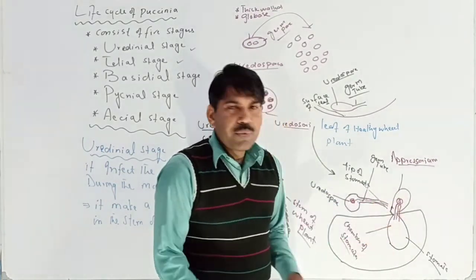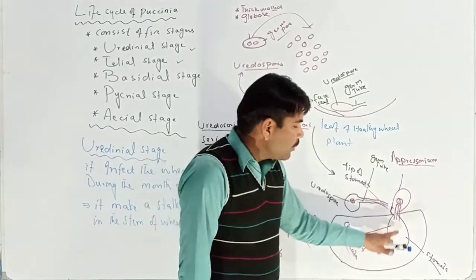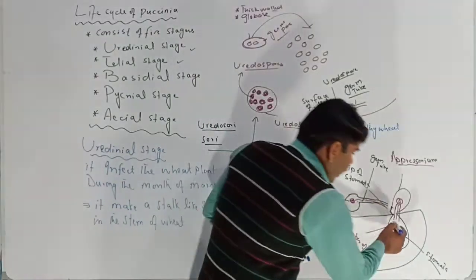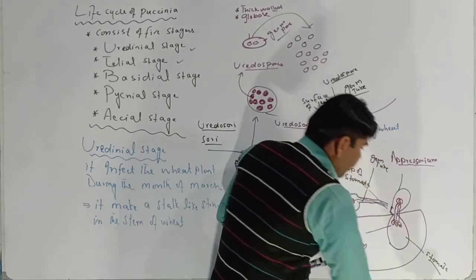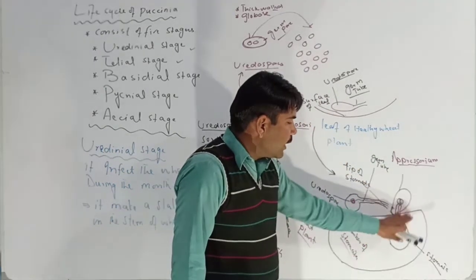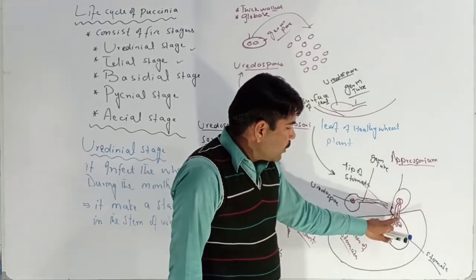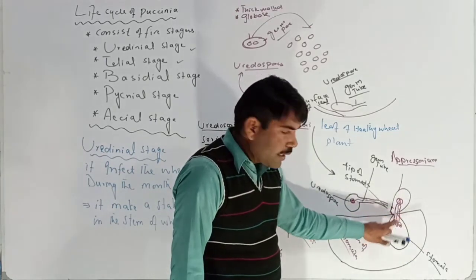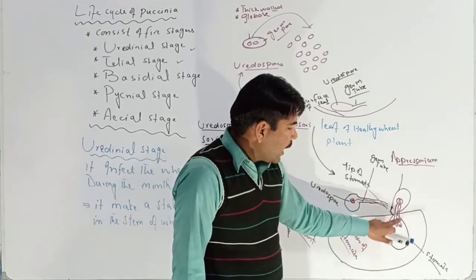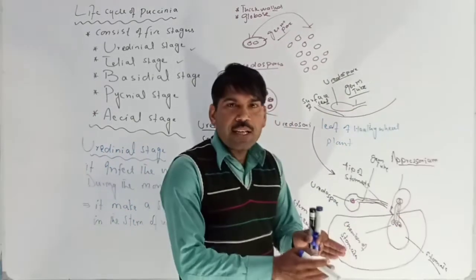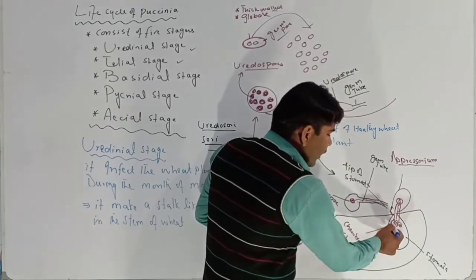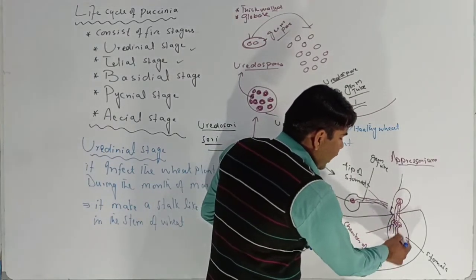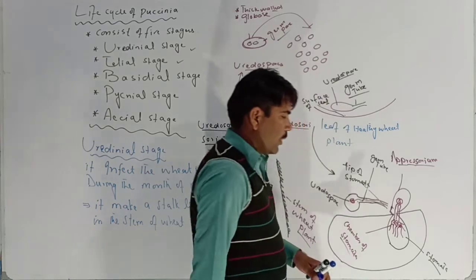Now these become dikaryotic tubes, and they swell up inside the stoma like vesicles. These vesicles now start producing hyphae in all directions.